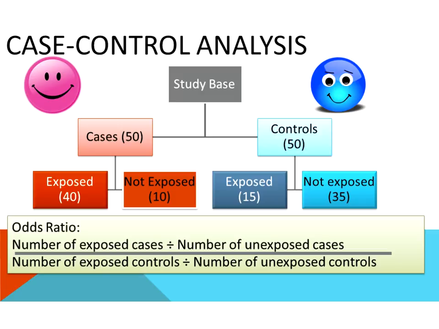So you have the number of exposed cases divided by the number of unexposed cases. In this example, we would take 40 divided by 10. And then we place that answer over the number of exposed controls, those exposed to the risk factor, over the number of unexposed controls. In this example, it would be 15 over 30.